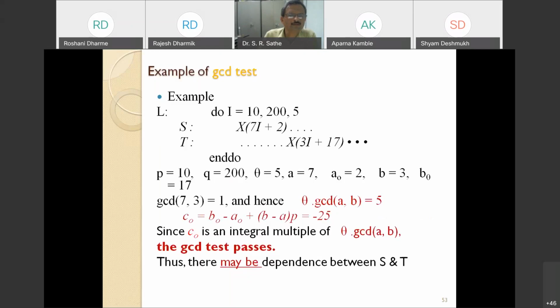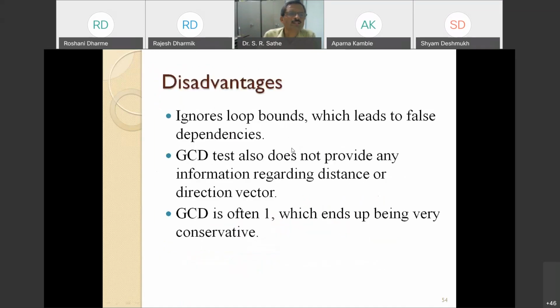Even if it divides, there may not be dependence because the integer values which are causing dependence may be outside the loop bounds. Okay. So if those integer values for which there is a dependence are outside the loop bounds, then there will not be dependence. So a disadvantage of this is that it ignores loop bounds, which leads to false dependence.